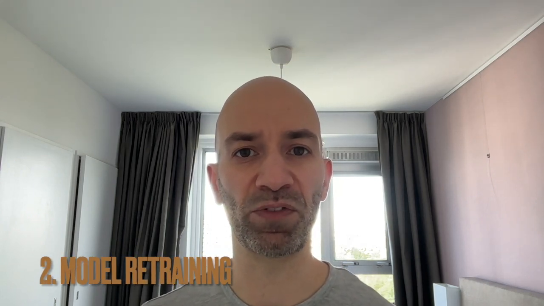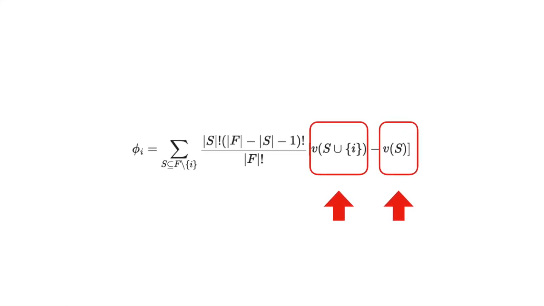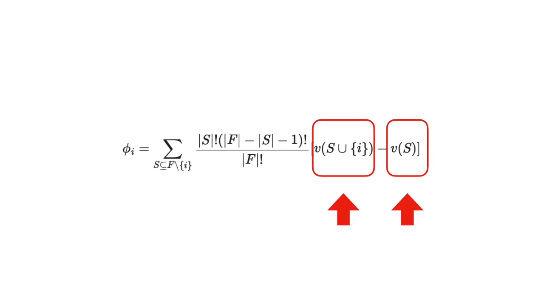The second is that we have something called a value function in the classic definition. And this requires us to retrain our model every time we make a call to this value function. Now, retraining the model is impractical because A, the model may not function on a subset of features. Remember, we're iterating over all the possible permutations of the input predictor features, including all the different subsets of those features.